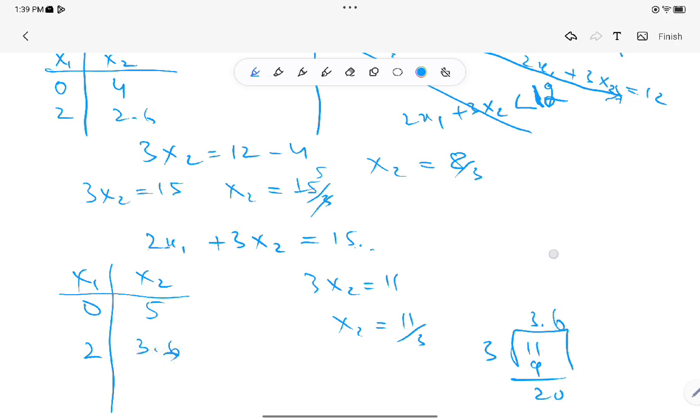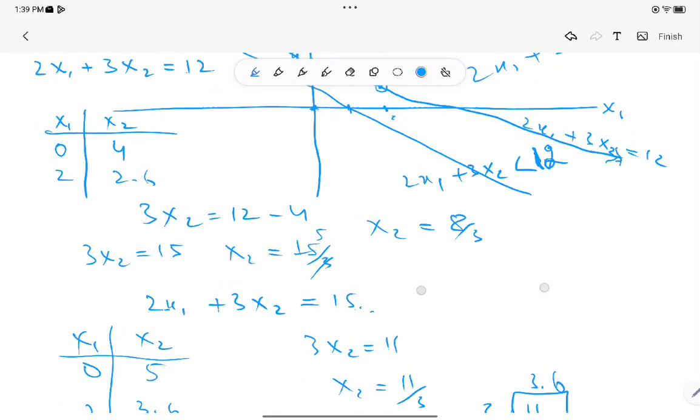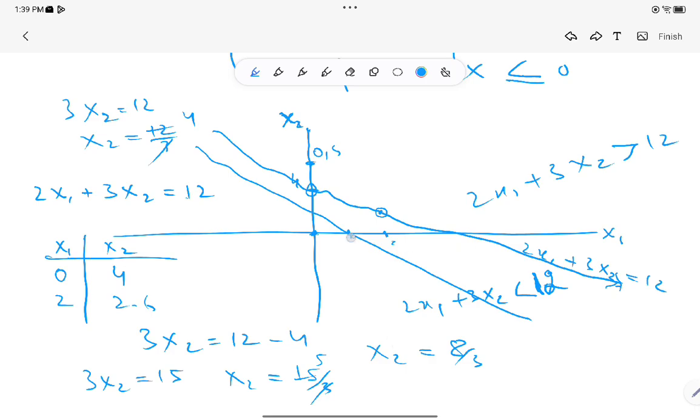We can plot this graph. You have the point (0, 5) and another point (2, 3.6). Where do you find this line? On that side.